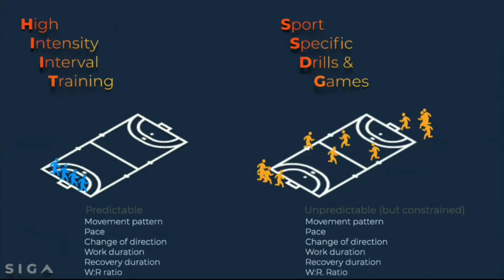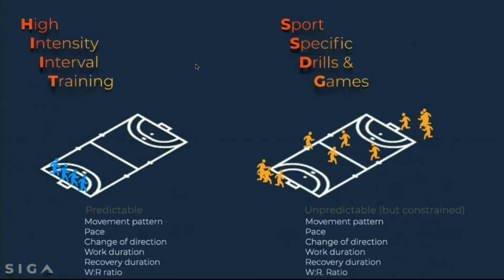But the main difference here is that high intensity interval training is more predictable. You have control over the parameters. For instance, movement pattern. The movement pattern will be almost the same from the start to the end of the session. They will be running back and forth in the playing field. The pace will be given by a physical assessment, by a test.